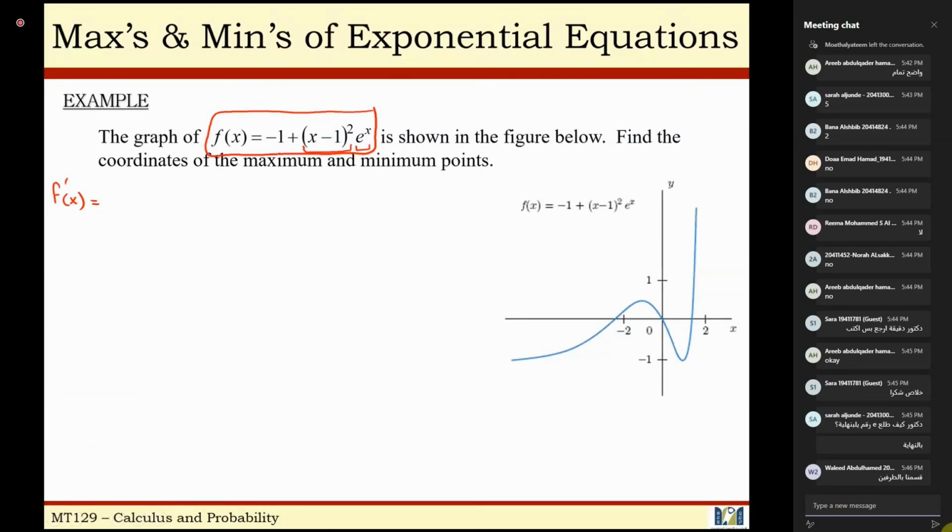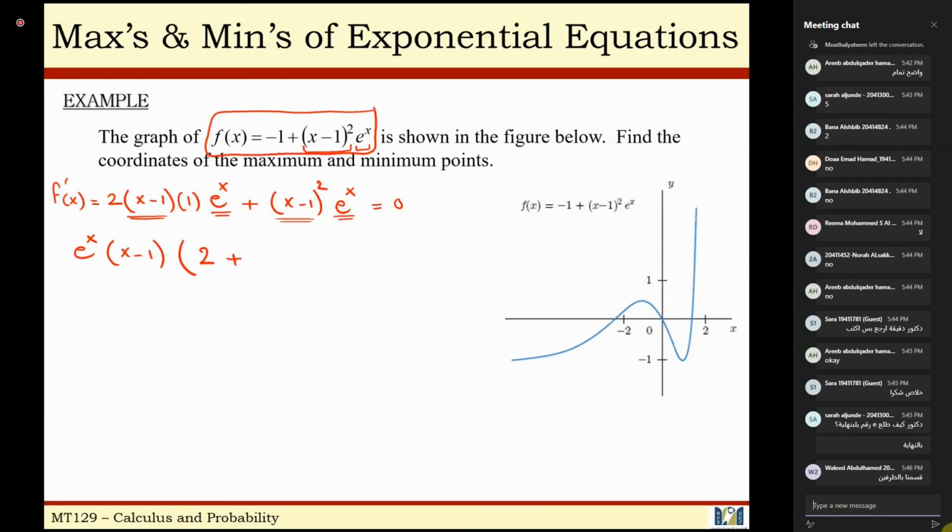The derivative of (x minus 1) all to the power 2 equals 2(x minus 1) to the power 1 multiplied by 1, multiplied by the second e to the power x, plus the first (x minus 1) squared multiplied by the derivative of e^x. This equals 0. We can take e^x as a common factor. Also, we can take x minus 1 as a common factor. So in the first term we have 2, and in the second term we have x minus 1.